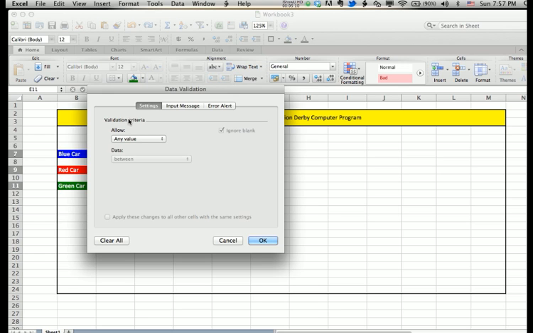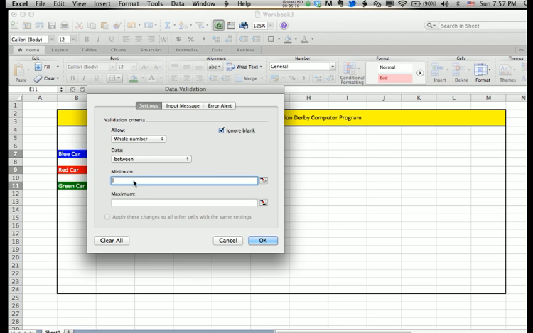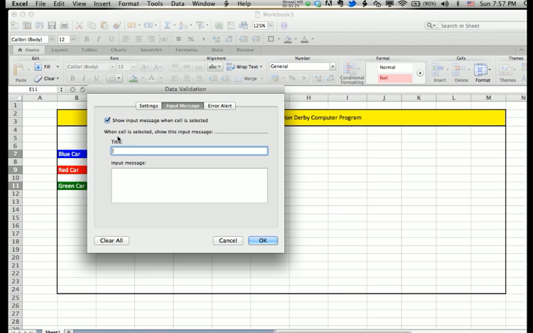And the settings, okay, so validation criteria, allow any value. We're going to do whole number, allow whole number between, and we'll do 0 and 360 degrees. You can click on input message, and you can show an input message when the cell is selected. So you could actually say here, enter only whole numbers or something like that.